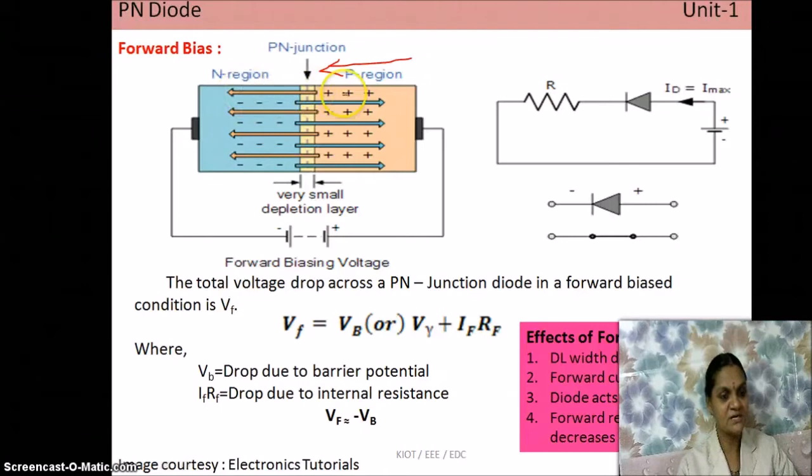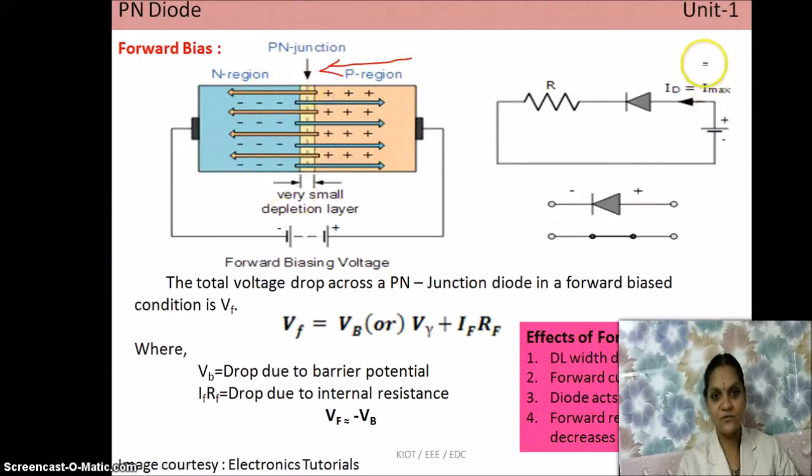The orange arrowhead is due to hole movement, so this current is due to the movement of holes. That is the conventional current direction we are assuming, but the actual current is due to the movement of electrons. While analyzing the circuit, we use an arrowhead, and that arrowhead represents the direction of movement of holes only. It's not electrons.